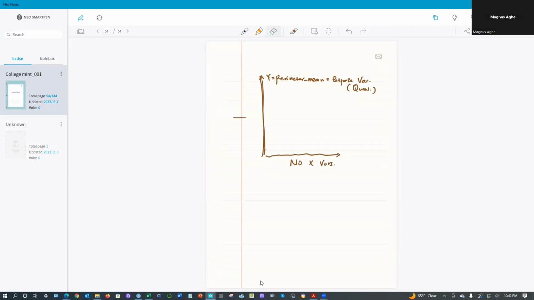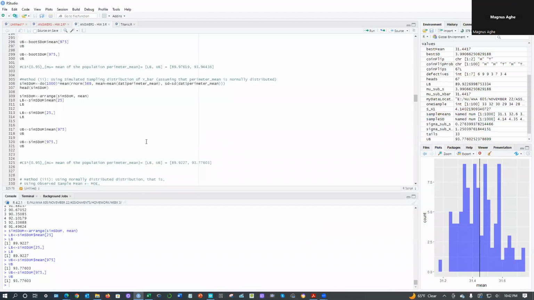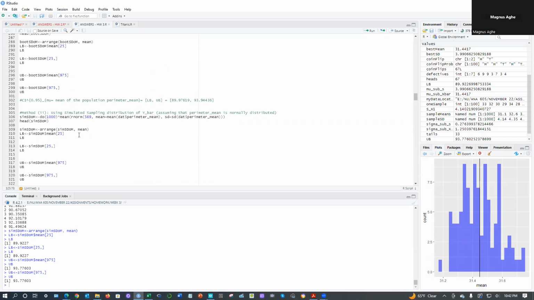Once you draw, you're going to get this one. We had that discussion. Y bar. Now I prefer to not call this y bar. From now on, I call it y bar obs. Do I know the y bar obs for this particular example, this perimeter mean?